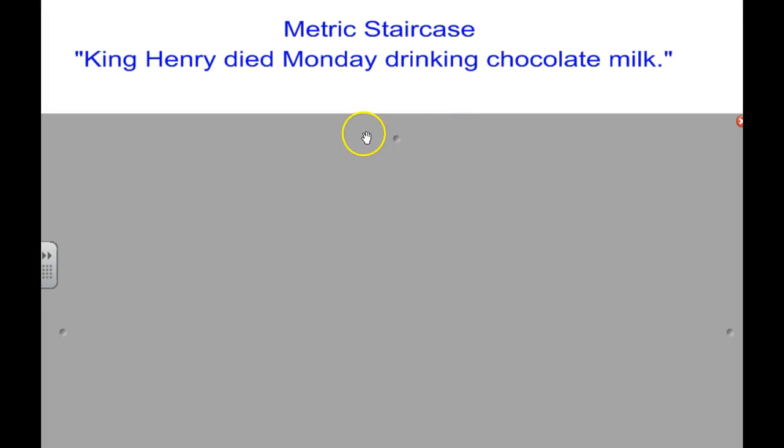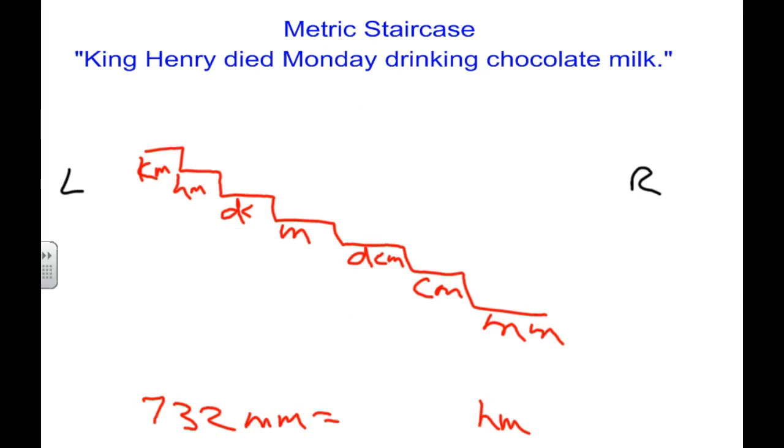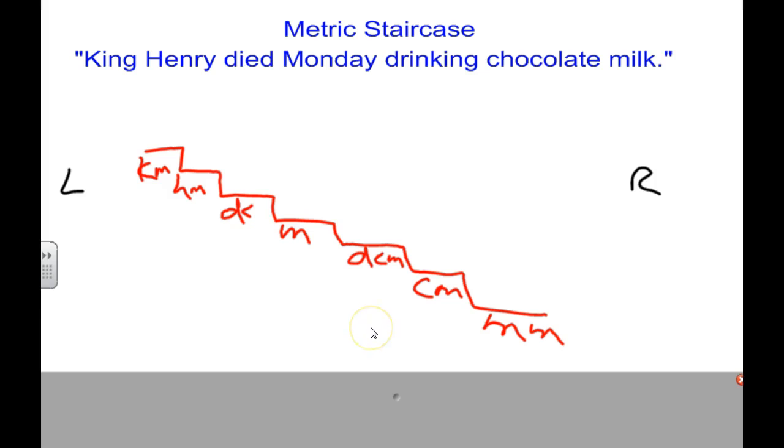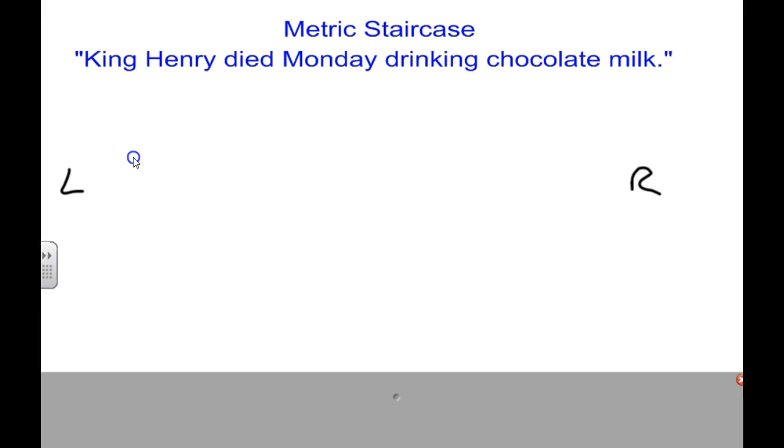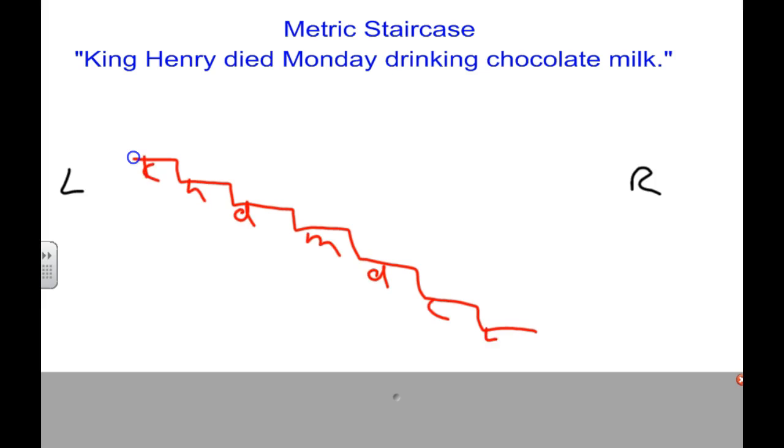What we do is we create 7 steps, and each step is represented by a letter. 1, 2, 3, 4, 5, 6, 7. King Henry died Monday drinking chocolate milk.